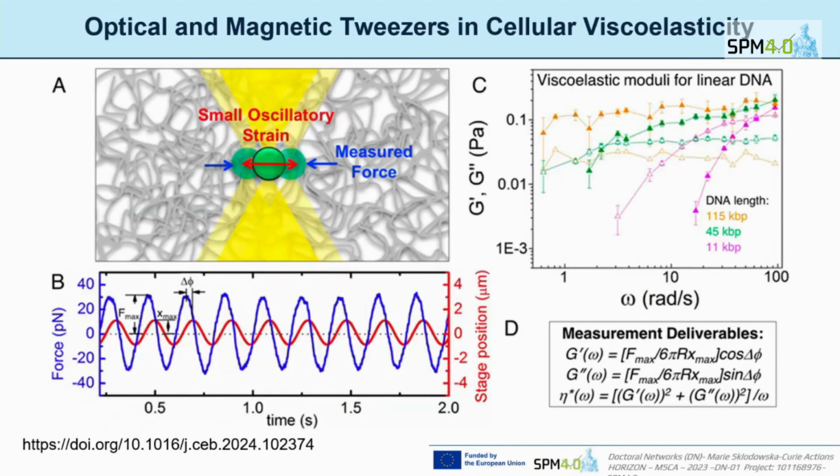There is just one example of a particle placed in a three-dimensional polymer network that is oscillating, and the changes in the phase and amplitude give us information about the properties of the material. Sorry, yeah, this is DNA. So this is a particle inside a DNA.